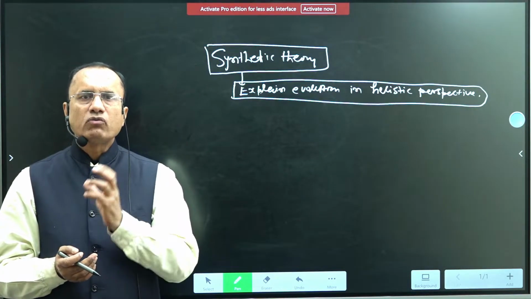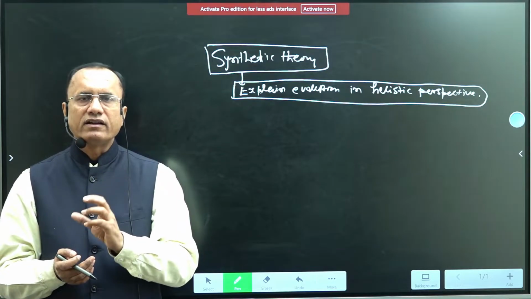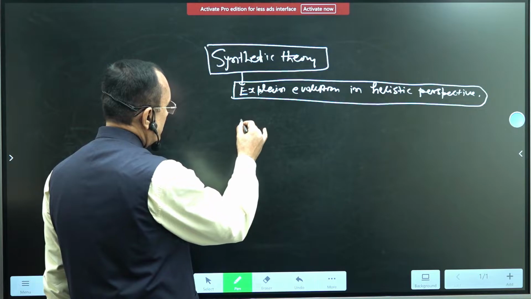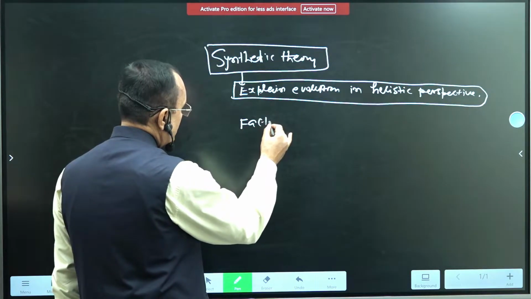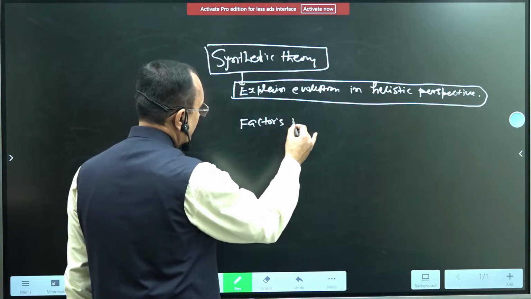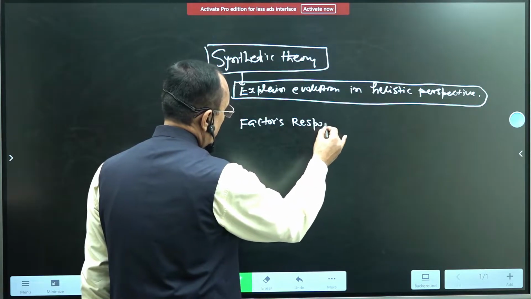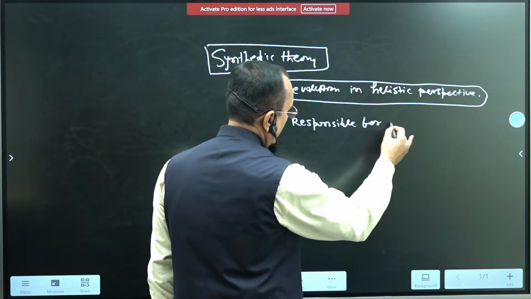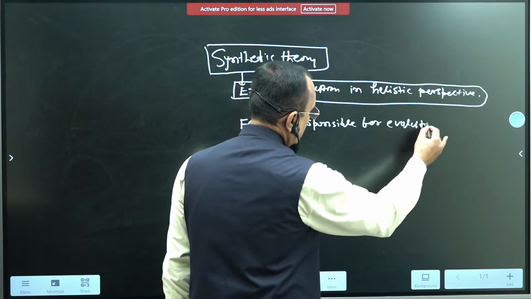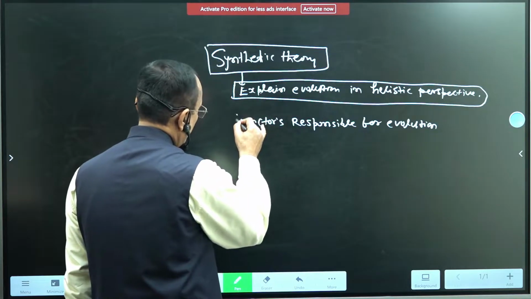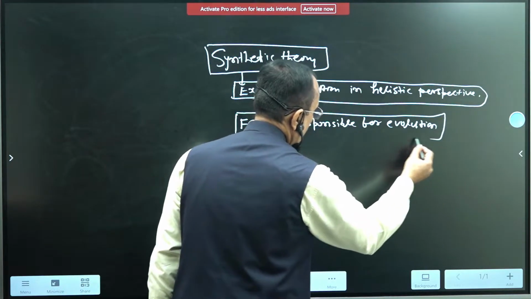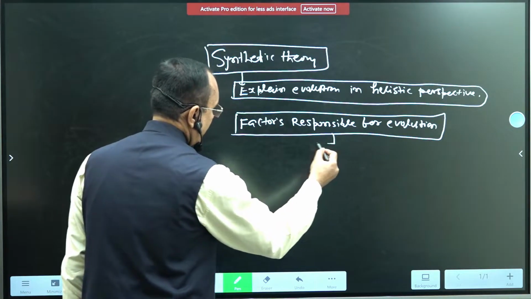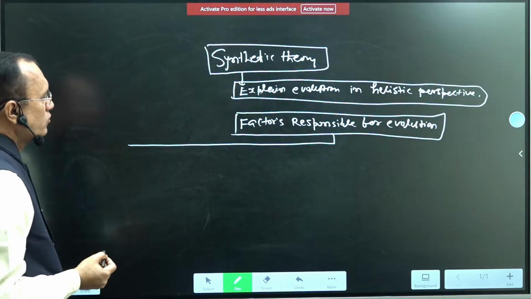Then if you want to understand the factors responsible for evolution and the mechanism of evolution, according to synthetic theory, you can divide factors into two ways.